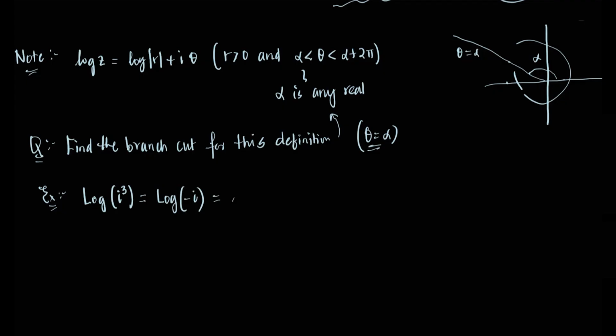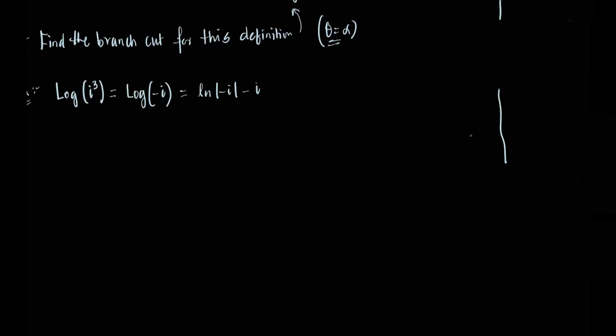So it is the real log of mod minus i, which is 1. So log 1 is 0, plus i times the argument, which is minus pi by 2. So this is nothing but minus pi by 2 times i.